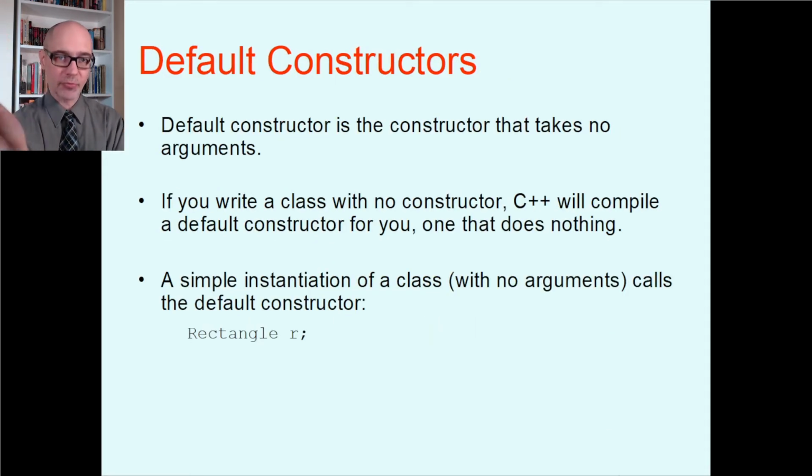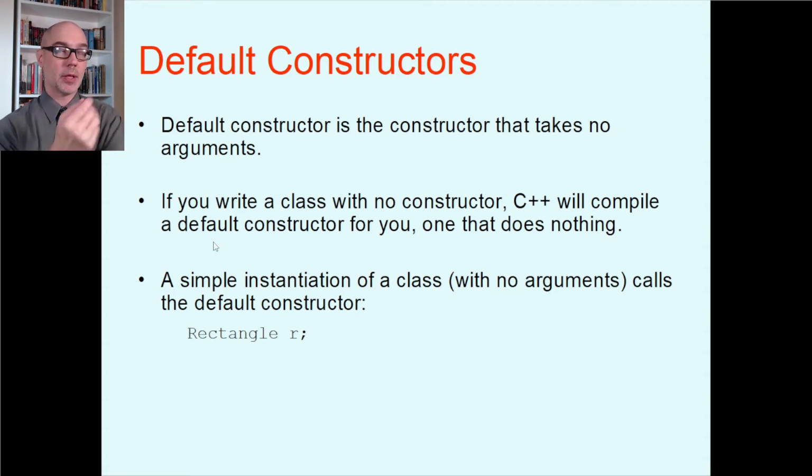Now, every class has a constructor. You actually can't avoid it. And even if you try to avoid it, your class is still going to have what's called a default constructor. And to be clear about it, the default constructor is the constructor that takes no arguments at all. So the one where the parentheses are just empty, that's the default constructor.